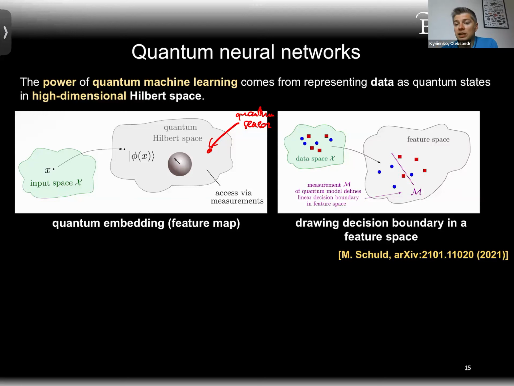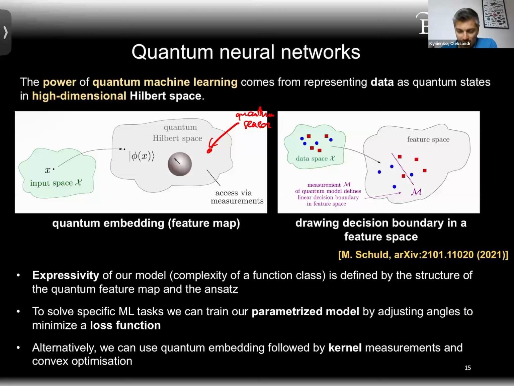So building decision boundaries after taking data points, making them into quantum states and analyzing the properties of those quantum states, could lead to very efficient separation of these data points.